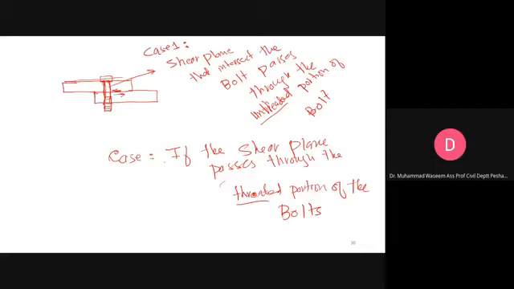There are two cases. If the shear plane does not pass through the threaded portion, or if the shear plane passes through the threaded portion. Case 1 is that the shear plane passes through the unthreaded part of the bolt. So the shear capacity of the bolt will be higher for case 1.